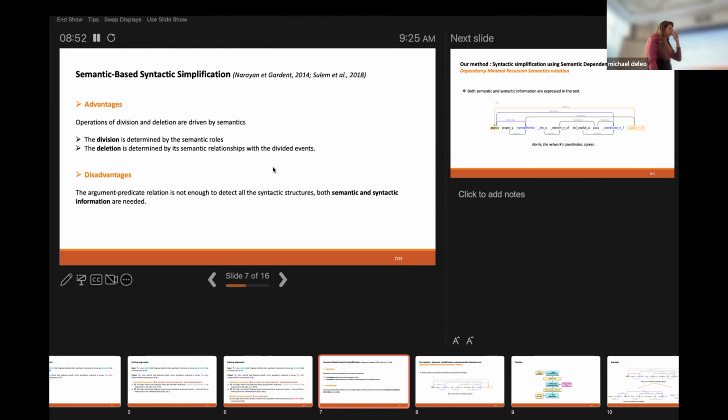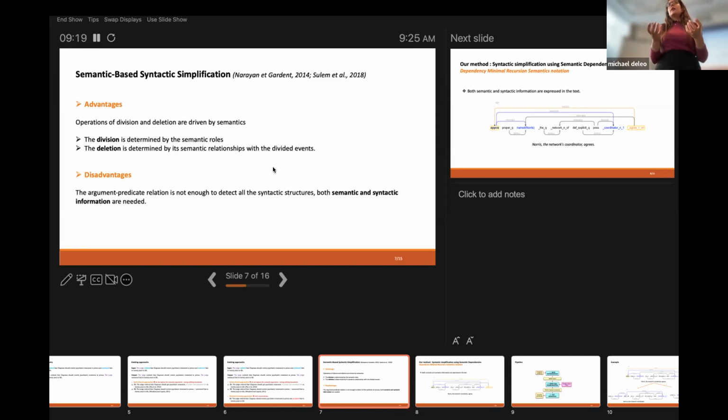But when we did research, we saw that if we use only semantic information for text simplification, it's not enough. We need syntactic information. Syntactic information alone is not enough, and semantic information alone is not enough.